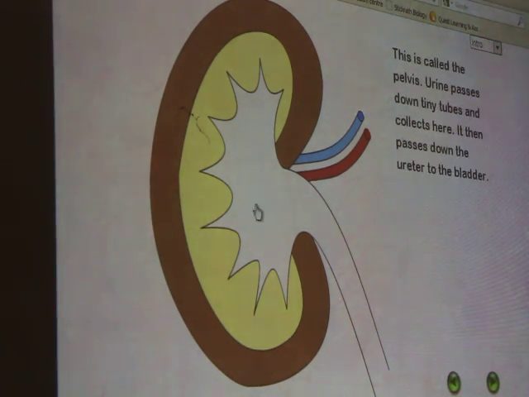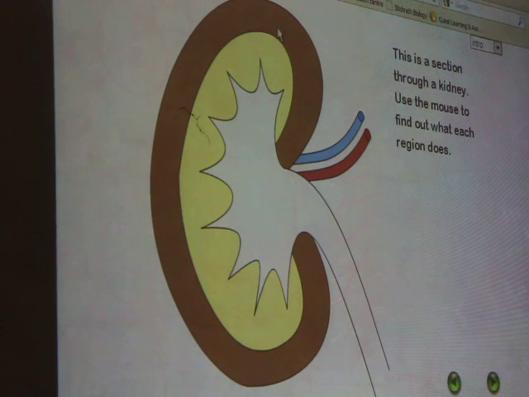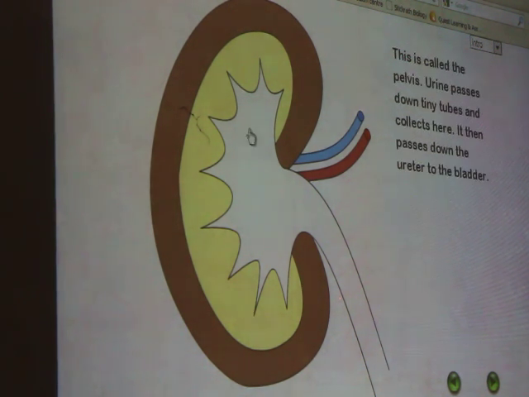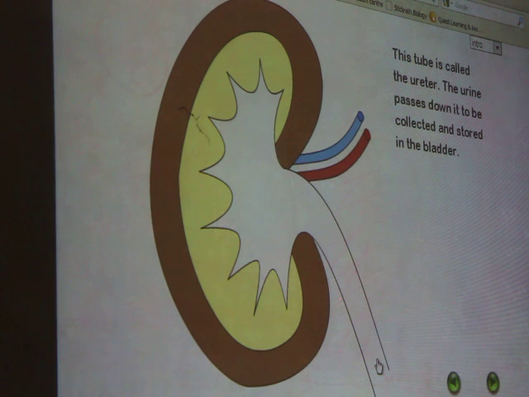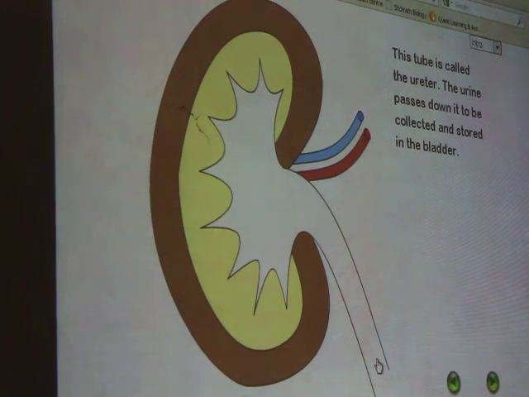So the introduction of this, this is from biologymad.com, which is a really cool resource for us. So the outside is the cortex of the kidney. That's the dark brown. Then the light kind of tan color is the medulla. And then this white section here is the renal pelvis. Right? So we've got the urine actually draining to the renal pelvis and then out the ureter to the urinary bladder.